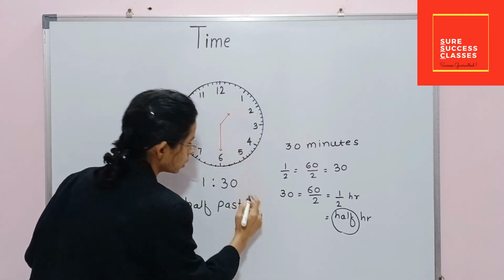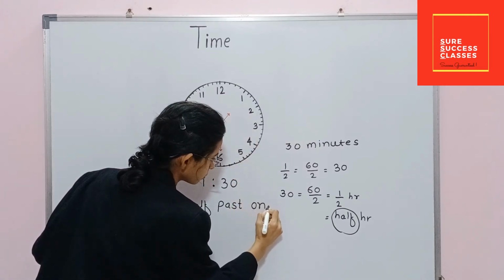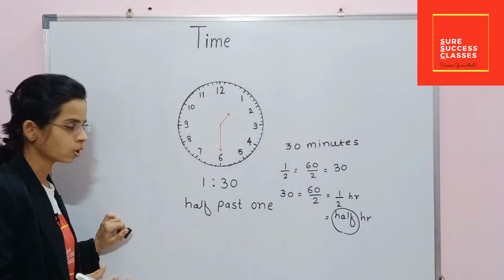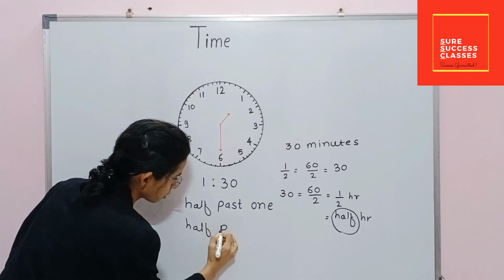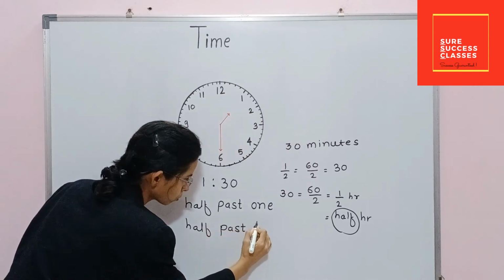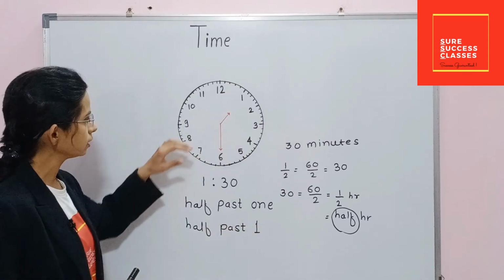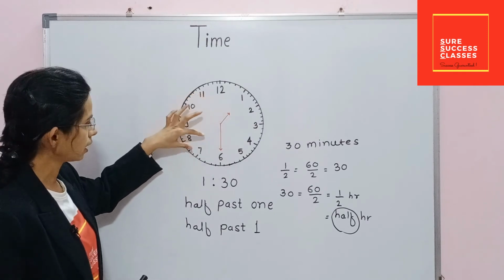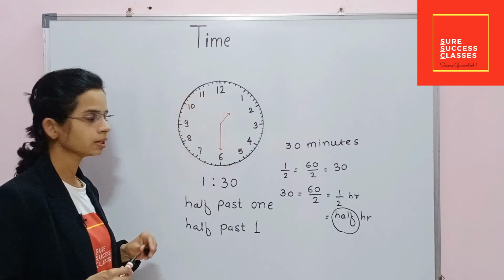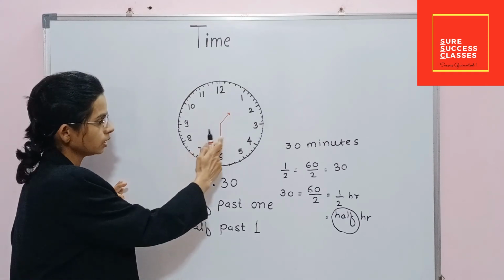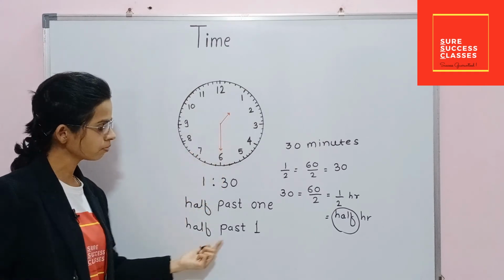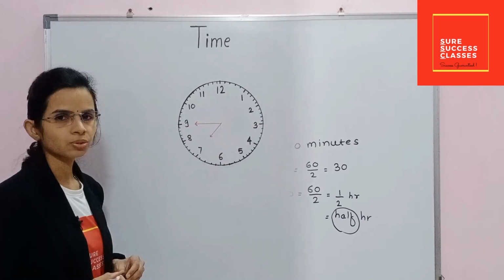Here 1, half past 1. Similarly, if our hand is at 7, we tell the time as 7:30 or half past 7.